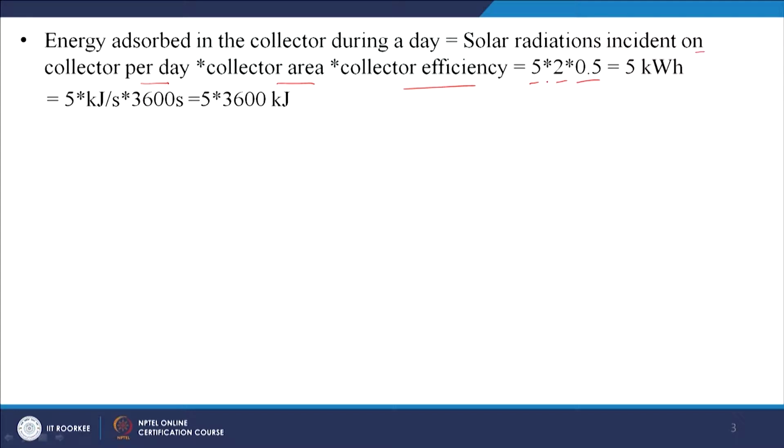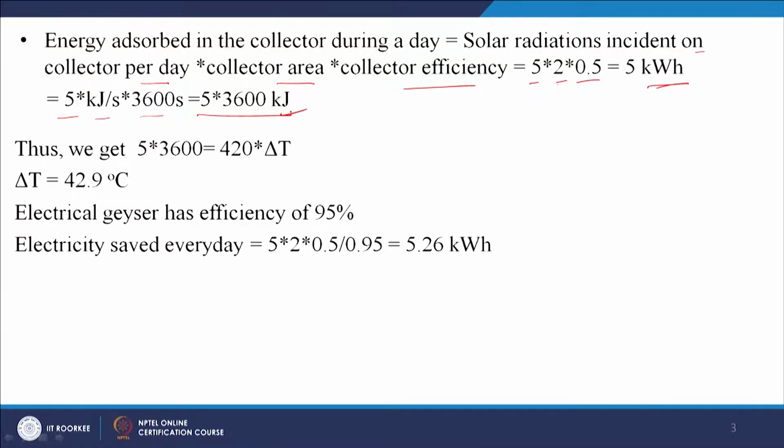So, 5 into 2 into 0.5, we are getting 5 kilowatt hour. Now, 5 kilowatt hour is equal to 5 kilojoule per second, and if we multiply it by 1 hour, that means 3600 seconds, we are getting 5 into 3600 kilojoule of energy coming through the solar system.